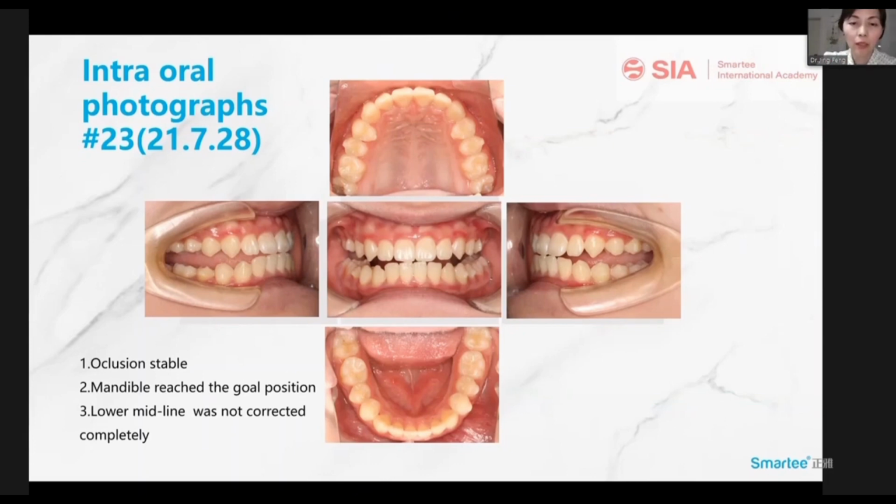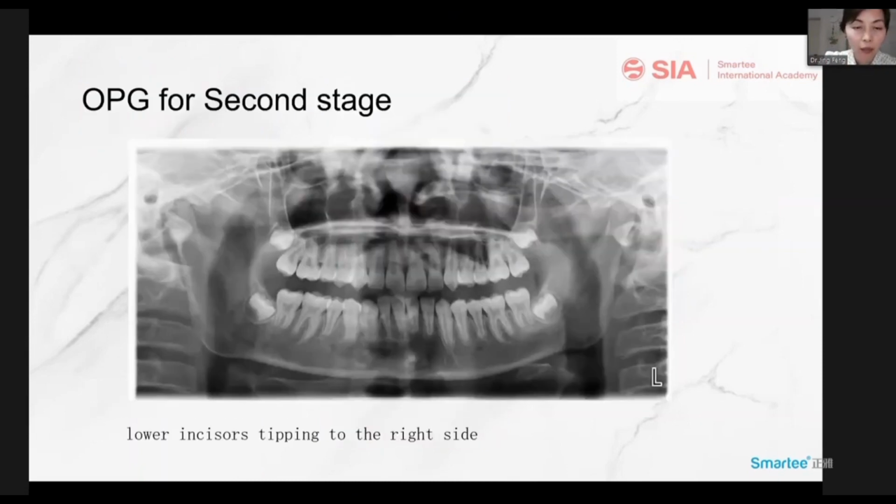Still a little bit of midline shifting, but don't worry, we can fix it very easily, because the lower incisors are tipping to the right side, and that's why some midline shifting is still left.